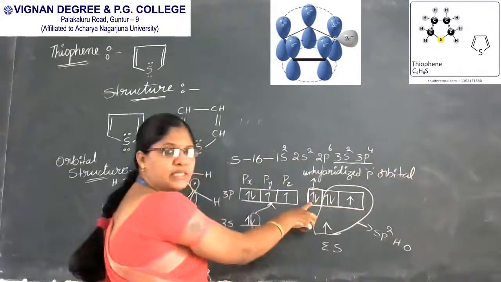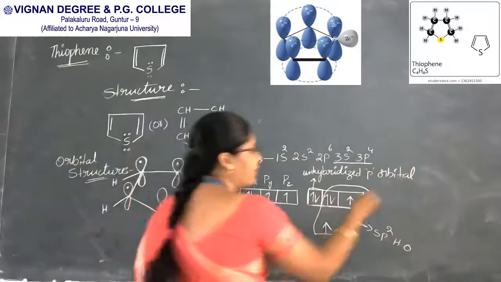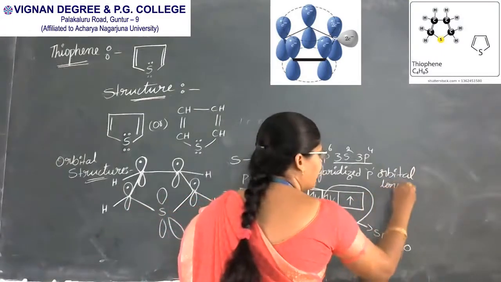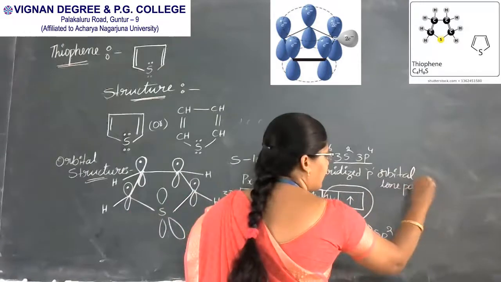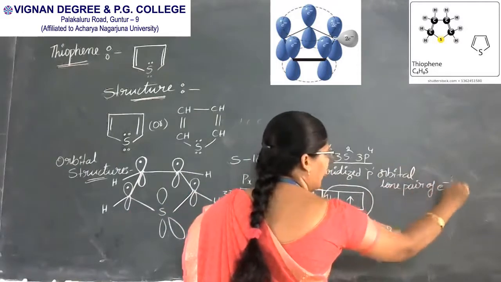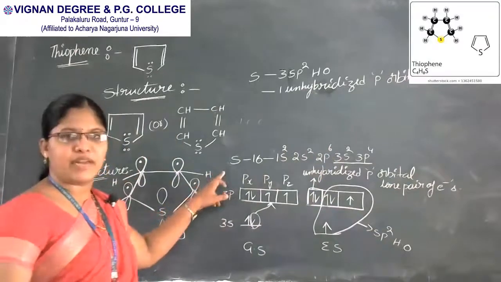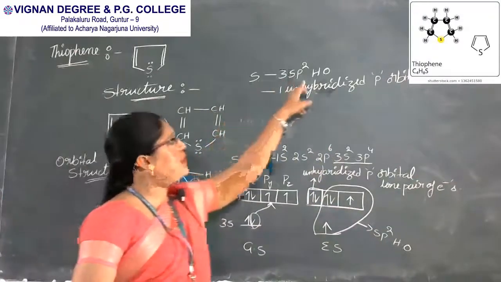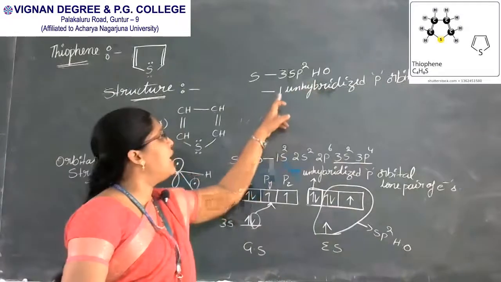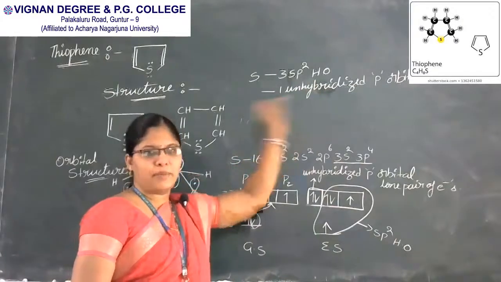This unhybridized p orbital has a lone pair of electrons. So the sulfur atom contains three sp2 hybridized orbitals and one unhybridized p orbital.